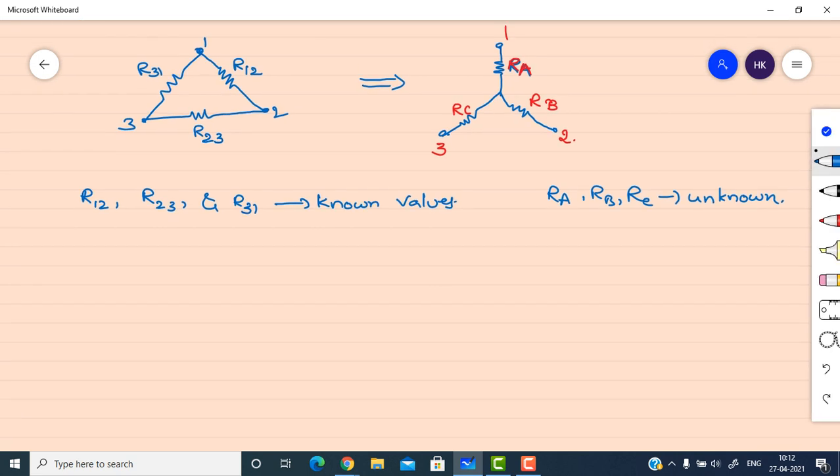First of all, I am taking these two terminals, 1 and 2. There is no third terminal. I will assume there are only terminals 1 and 2 and I am not considering the third terminal. Then I will find the equivalent resistance between 1 and 2 in the delta connection, and again find the equivalent resistance between 1 and 2 in the star connection. When converting delta to star, the equivalent resistance between those two terminals must be the same.